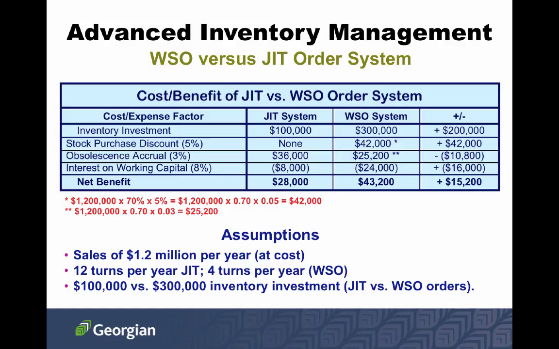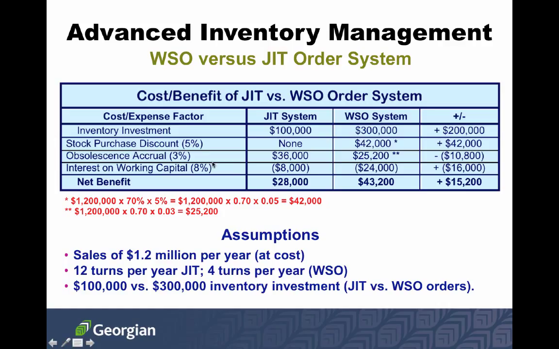And I'm assuming for the purpose of this illustration that the dealer using the WSO system has a 70% stock order performance. In other words, 70% of all purchases are stock purchases, and that's a good acceptable guideline. It's usually higher than that today, but let's use that as a minimum.